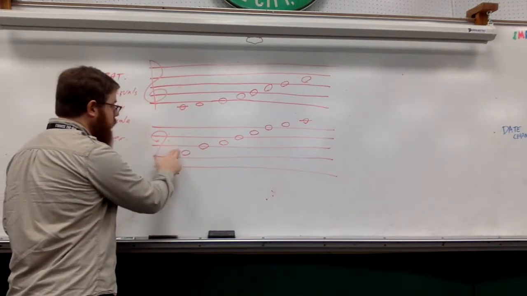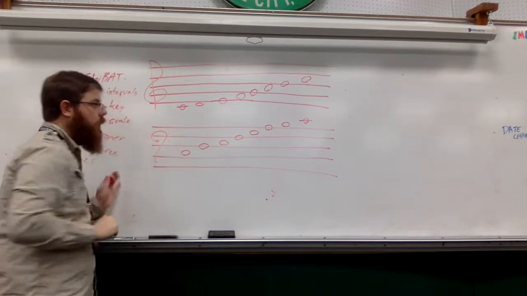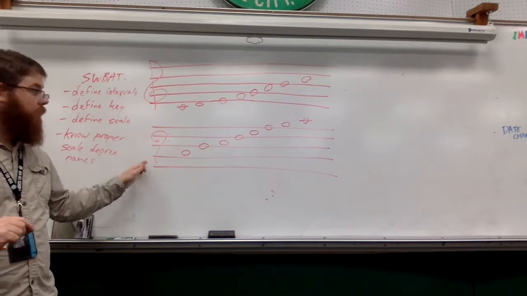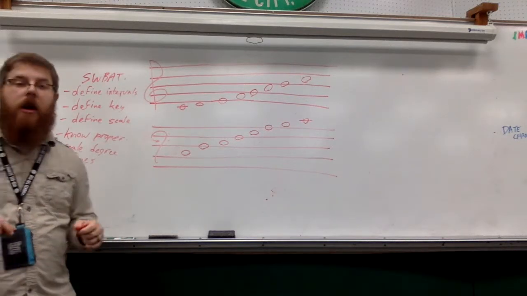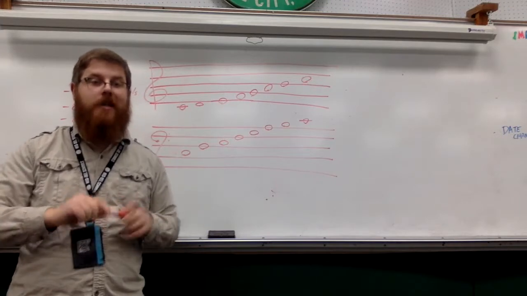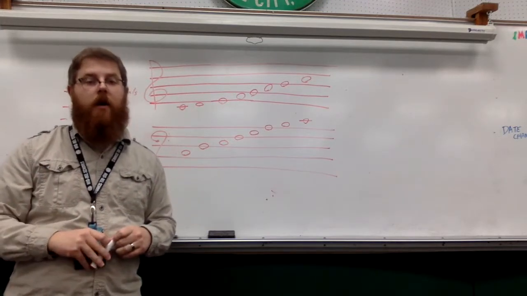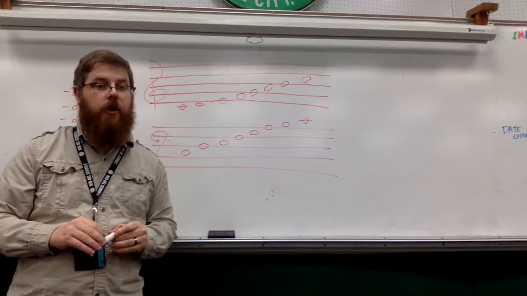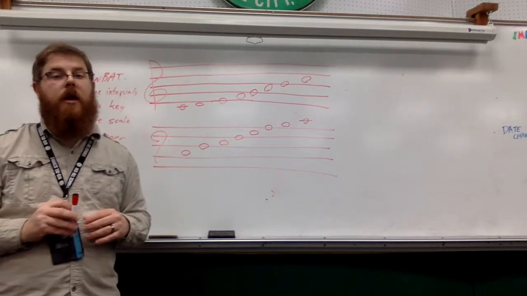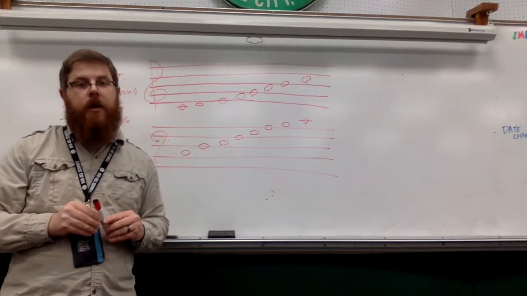Since there are no accidentals and there are no sharps or flats at the beginning in our key signature, I can safely say that we are in the key of C major. Now, the way that I know that it's C major is a little bit more complex, and we're not going to get into that for today, but that's what the key is.